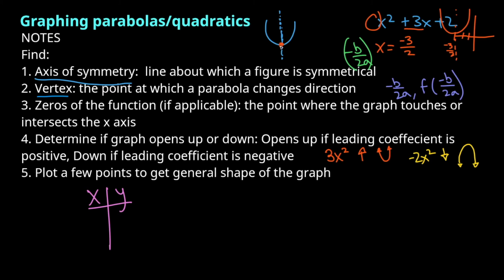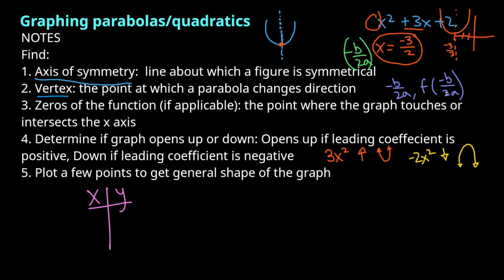We just need to do one extra step to find the y value, because we need the x and y value. So that's what this is right here. -b/2a finds us this part. Then we just plug in -3 over 2 into our expression up here, and out comes some y value.